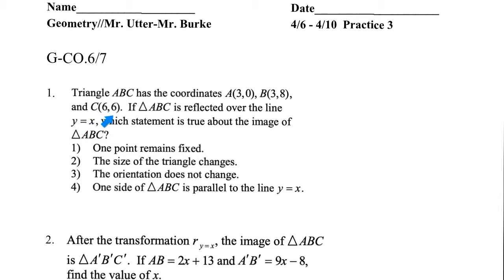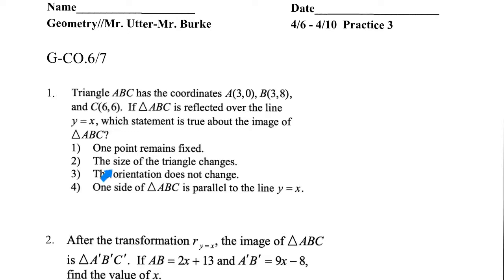So we see that point C is one of those scenarios. Point C is on the line y equals x. So right now, choice 1 is in the winner's circle, but let's just check the other 3 just in case any mistakes have been made by whoever made up this question.